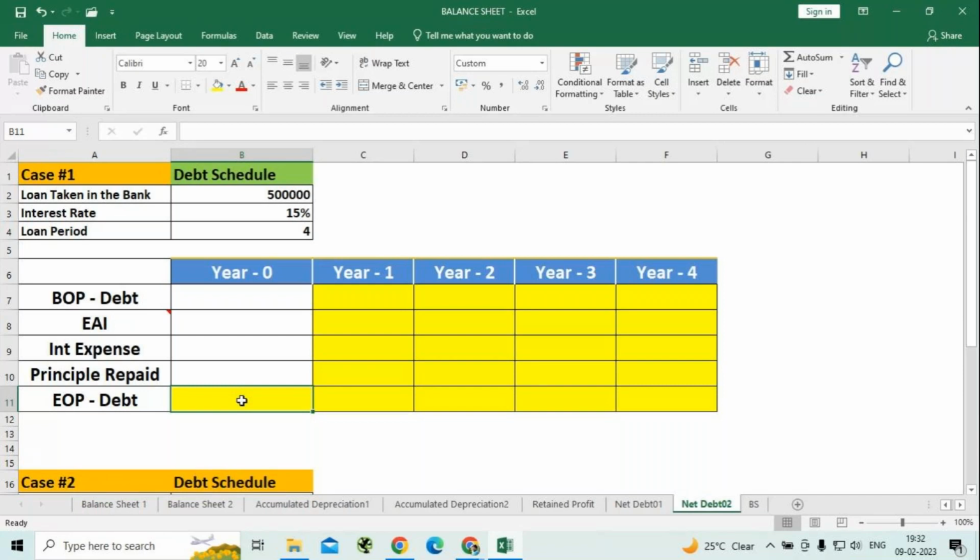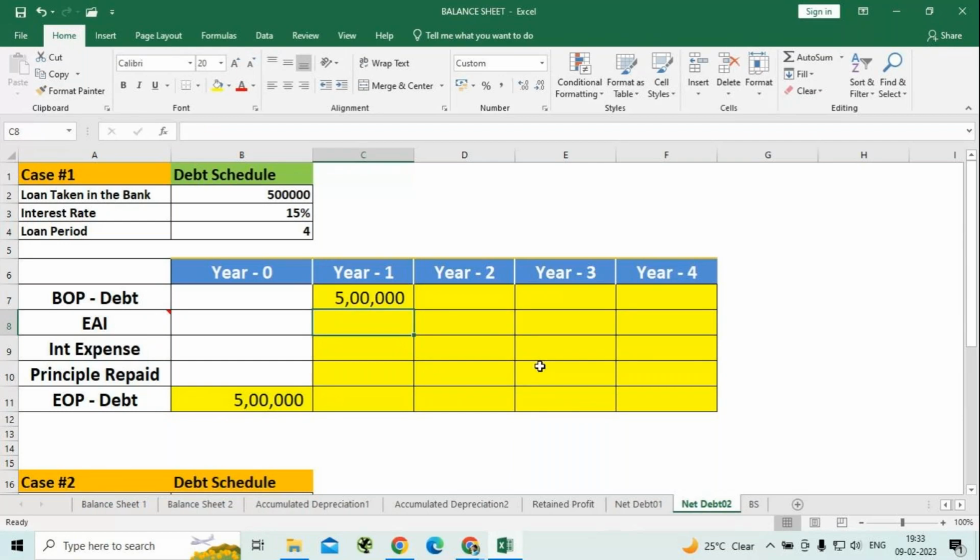At the end of the period, the debt value will be the loan amount you are going to take from the bank, which here is 5 lakhs. Now the last year's closing balance will become the opening balance for the current year, so you connect it with the previous year's closing balance in the opening debt value.